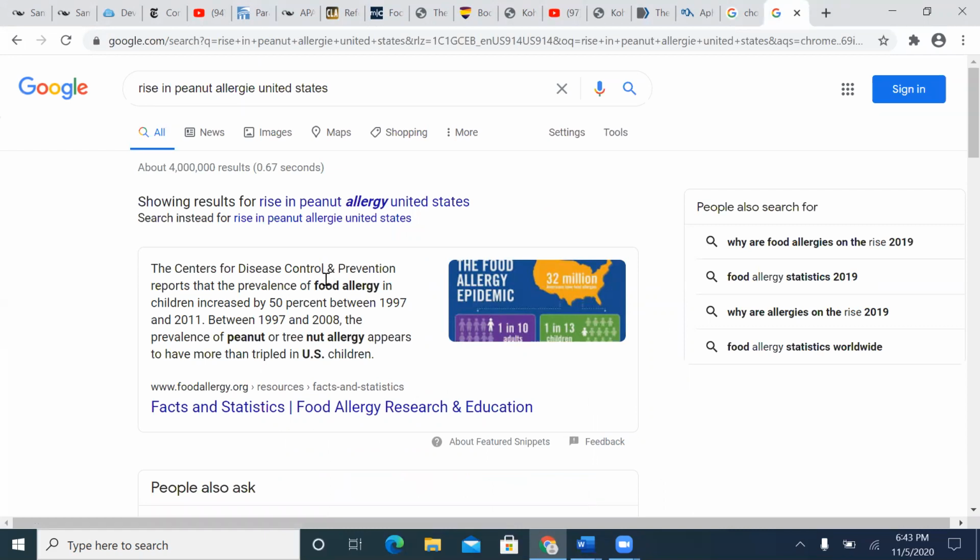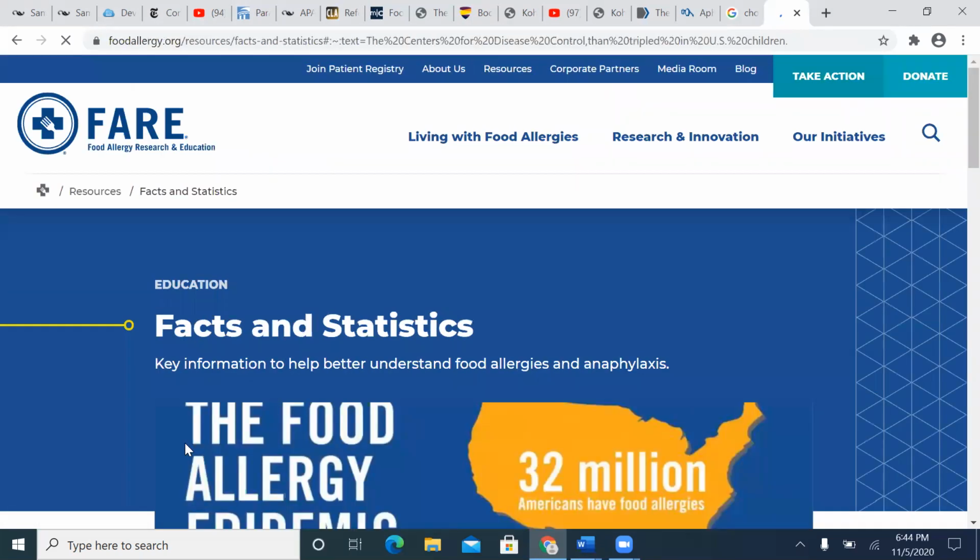Okay, Centers for Disease Control and Prevention reports that the prevalence of food allergy in children increased by 50% between 1997 and 2011. Between 1997 and 2008, the prevalence of peanut or tree nut allergy appears to have more than tripled. Wow, that's a pretty vivid claim.